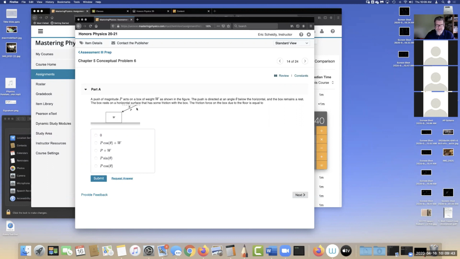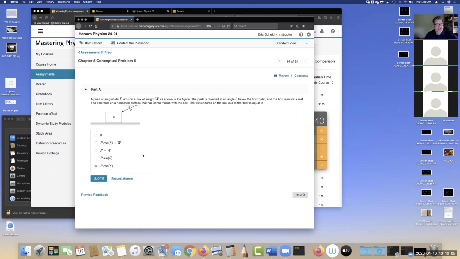I better read the question first. A push force of magnitude P acts on a box of weight W shown in the figure. The push is directed at an angle theta below the horizontal. The box remains at rest, which means the acceleration is equal to 0, which means the push force to the left is opposed by the friction to the right. The friction force on the box due to the floor is equal to P cosine theta.